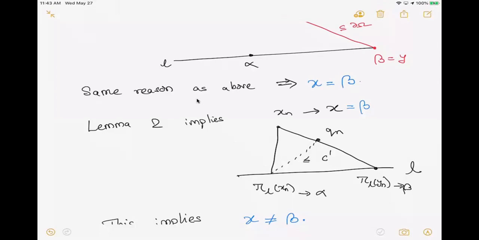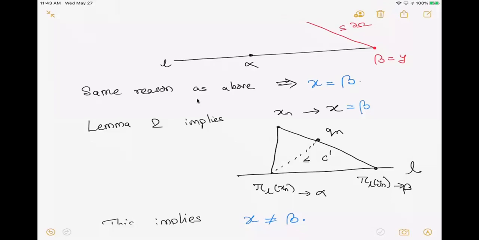Now notice that xn converges to x, which is equal to beta, and pi_L(yn) also converges to beta. So the line segment joining xn and pi_L(yn) must also run off to infinity because both of its endpoints are going off to the same point beta in the boundary of omega.